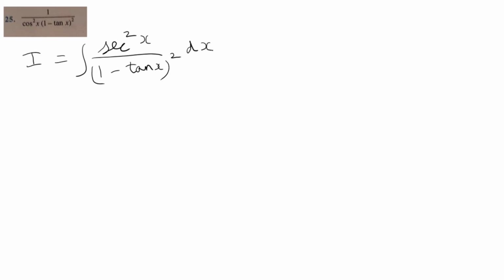Here we know that the derivative of tan x is secant square x. So we can put 1 minus tan x as t. So secant square x dx will be minus dt.